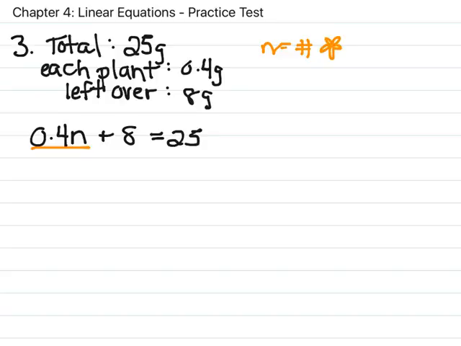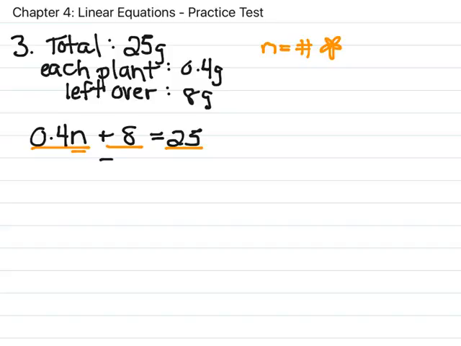So I'm going to draw a flower. So we have the plus 8 because we're going to have 8 grams left over, and all of this has to add to our total amount of fertilizer. So we want to know the number of plants that she can have in her test so that this still works. So we're trying to solve for n.